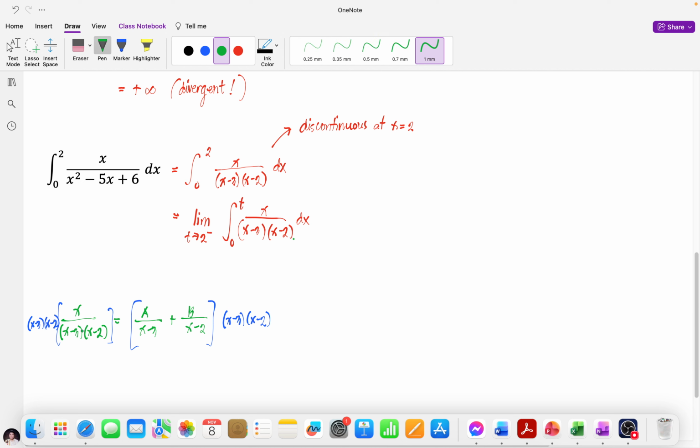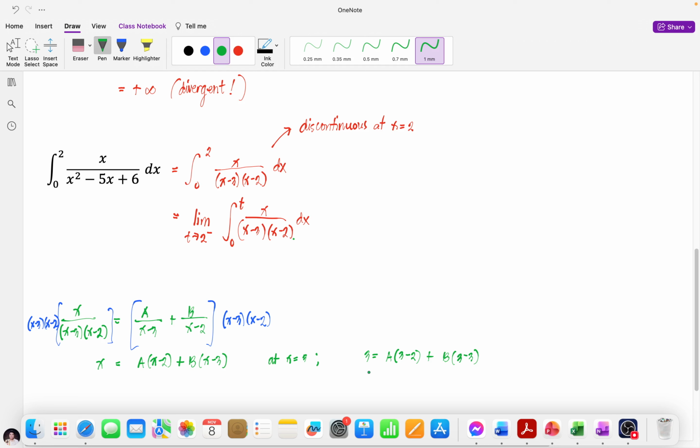So what we have is just x equal to A times x minus 2 plus B times x minus 3. Okay? So at x equal to 3, so that B becomes 0, we have 3 is equal to A times 3 minus 2 plus B times 3 minus 3.